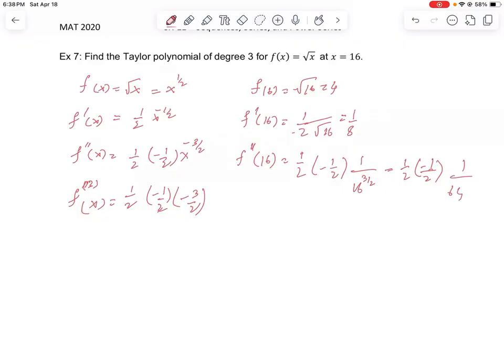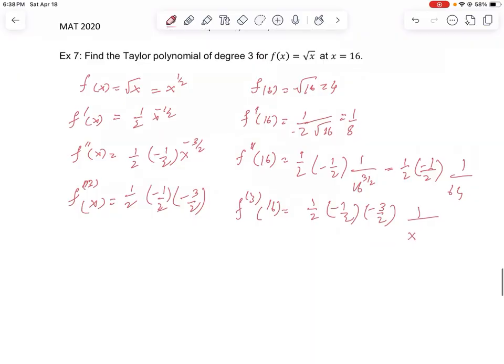Then the third derivative evaluated at 16 will give me, we have 1 over 2, negative 1 over 2, then we have negative 3 over 2, and then x at the bottom, I forgot to put the x term, x raised to the negative 5 over 2.